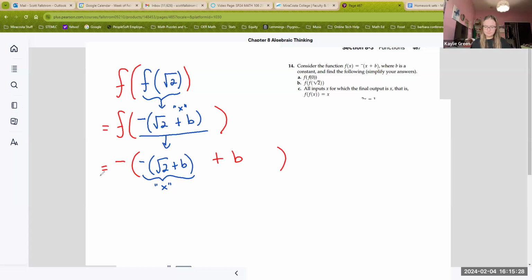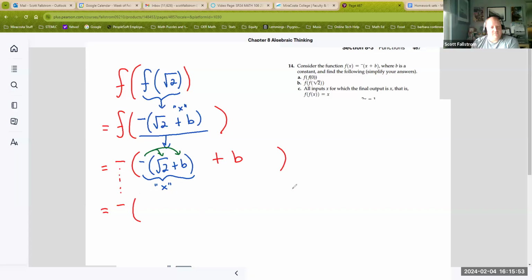Now we got a little simplifying to do. We're not done, right? Are you comfortable distributing this negative symbol? Maybe I'll use green just so I don't mix it up. Let's do that first. Let's leave the big red ones alone and just simplify the blue.